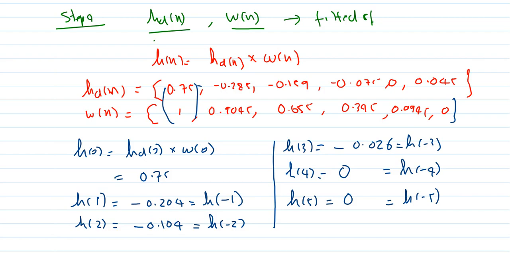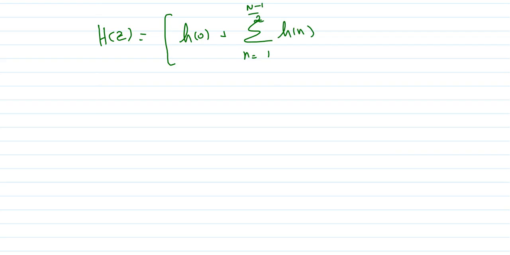Once you have calculated the filter coefficients, we have to put them into the proper transfer function. The transfer function of an FIR filter is given as H of z equal to H of 0 plus summation n equal to 1 to (N minus 1) by 2 of H of n times (z power n plus z power minus n), whole into z power minus (N minus 1) by 2.